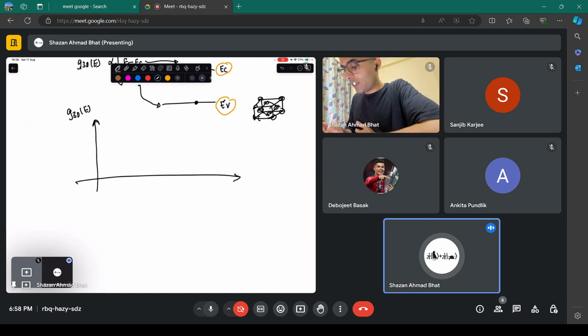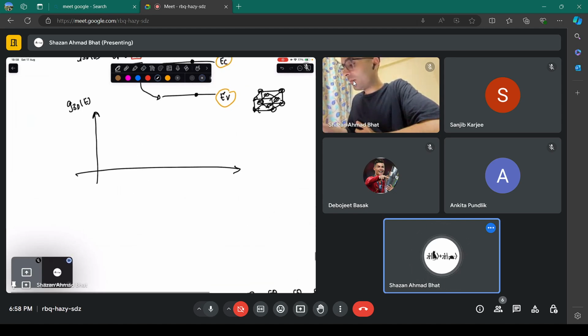We're talking about the number of states available per unit energy per unit volume. And we saw that from the conduction band edge it increases as a square root of E minus EC, on this energy axis.